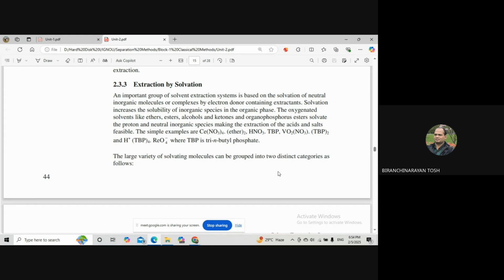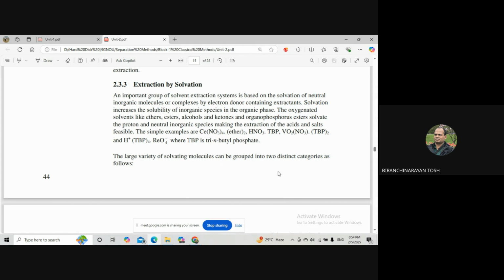The simple examples are barium nitrate in ether, then nitric acid with TBP, VO2(NO3)2 with TBP, and Cs plus with TBP, ReO4 minus, where TBP is tri-n-butyl phosphate.